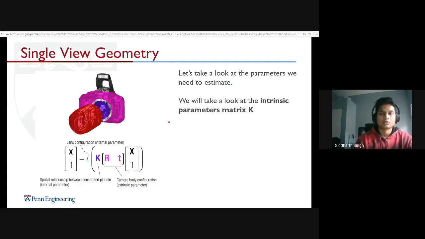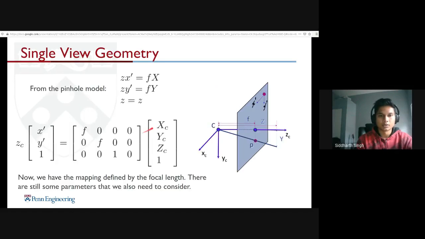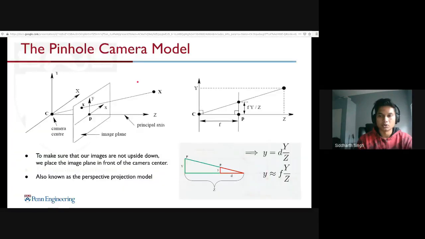So now let's take a look at all the parameters that we were talking about a couple of slides ago. The first parameter that we'll talk about is this K, which is internal to the camera, as a lens. If we go back to the pinhole model, we saw it in a 2D plane, just one dimension, finding out the y, and we know the focal length.